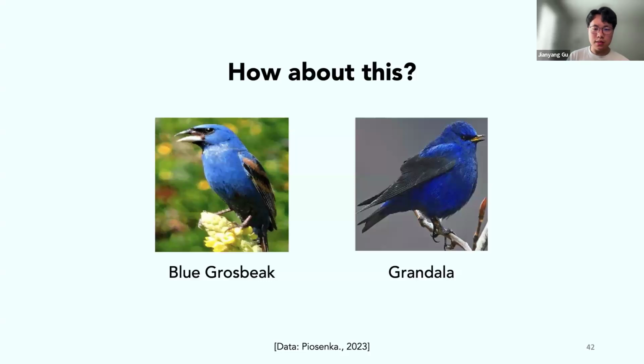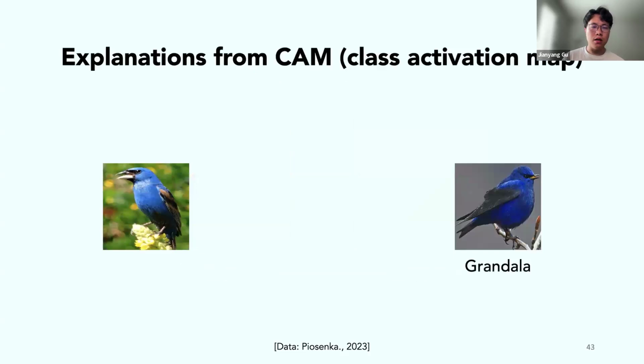Now there are some existing methods that can explain the model decision, called class activation map. It tries to highlight which pixels the model is using to produce a prediction. So here we have a trained neural network. We suppose that it has pretty high classification accuracy on these two different species.